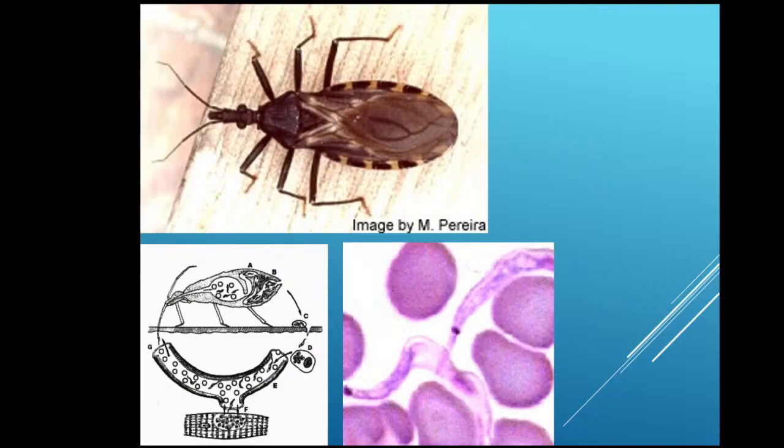This is the kissing bug, or triatoma bug, and this is the specific vector for Trypanosoma cruzi. The geographical distribution of this bug is some regions of South and Central America.